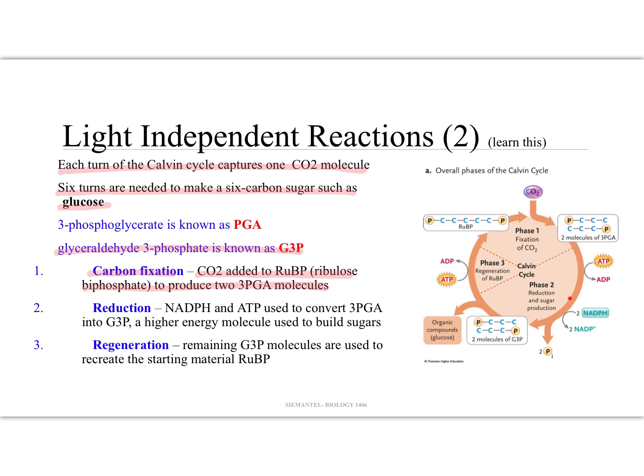We're moving on to the next phase, which actually is the biggest phase, and this is the phase of reduction. So in reduction, the hydrogens and the energy that we made and captured from the light-dependent reactions, this is where they come into play, okay? So NADPH and ATP are used to convert these molecules right here, these 3-carbon molecules that we make at the end of carbon fixation. We're going to add some things to them.